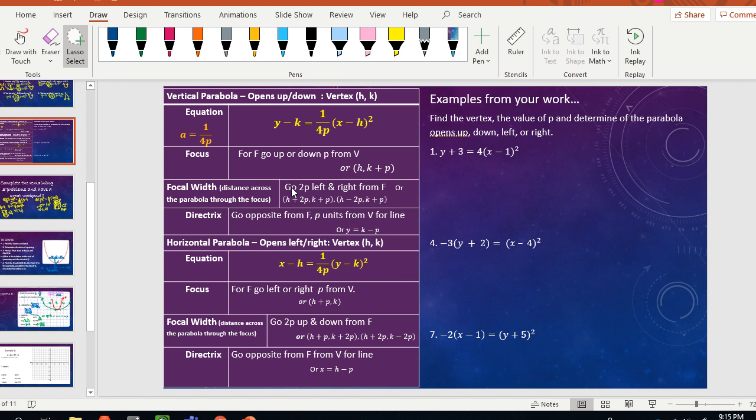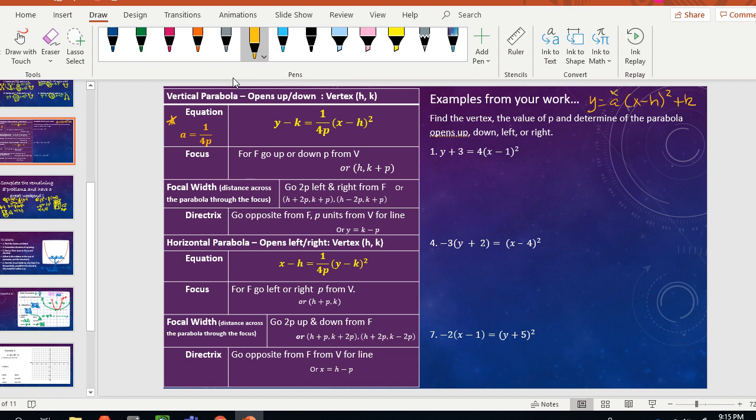This is one we did the other day, and I am going to point out that this value right here, A, comes from the formula you had way back when in algebra, where we have y equals a times x minus h squared plus k.